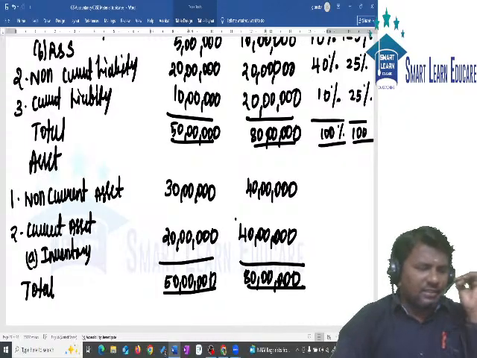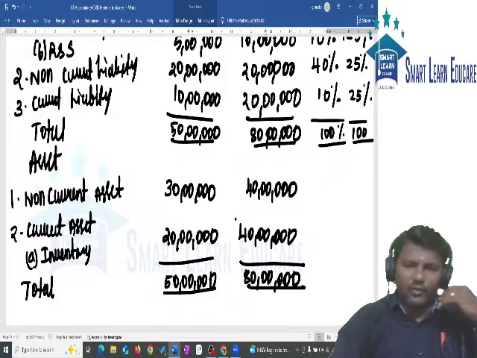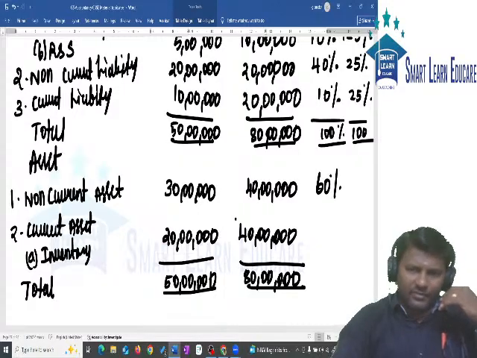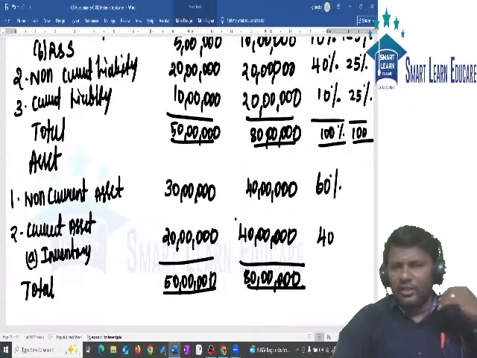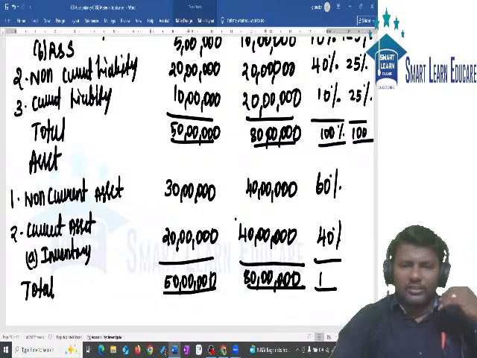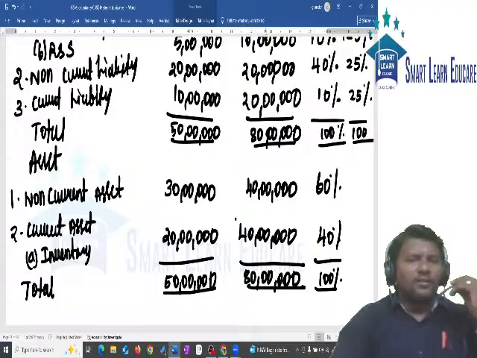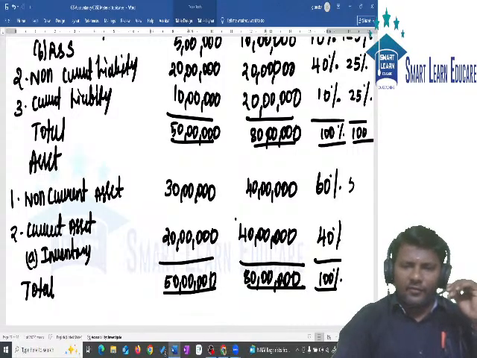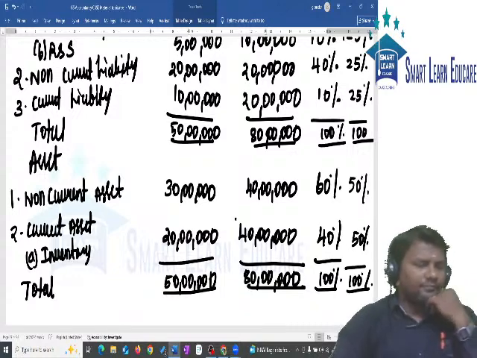Now write the percentage. 30 lakh divided by 50 lakh will give you 60 percentage. 20 lakh divided by 50 lakh will give you 40 percentage. So total it is 100 percentage. For the current year, 50 percentage and 50 percentage, totally it is 100 percentage. That's all.